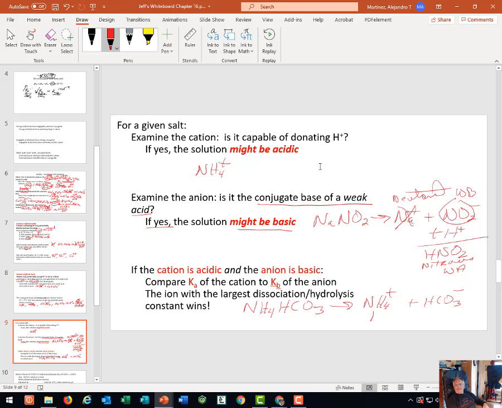You would look at the Ka for the ammonium ion and the Kb for the bicarbonate anion. Whichever one of these is largest is probably going to dictate whether this is an acidic salt. If Ka were larger, it would be acidic. If Kb were larger, it would be basic.